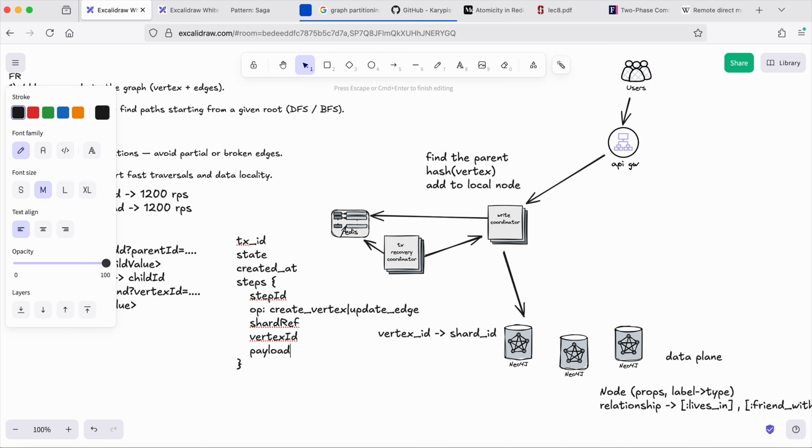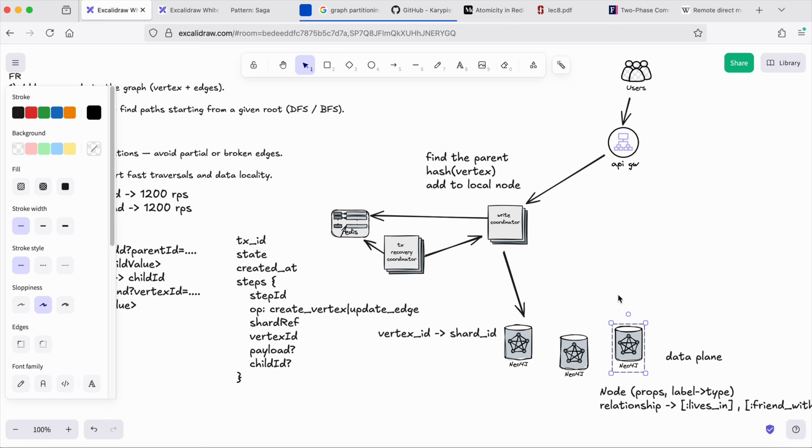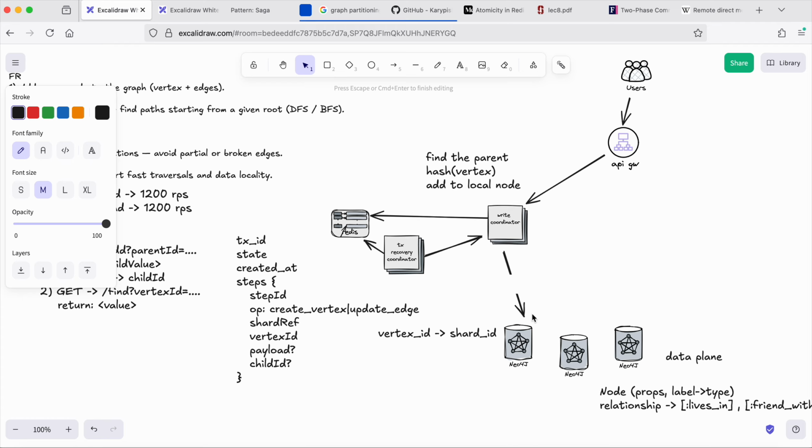It could be the value which could be not added, and the child ID, which we are adding. Child ID is also optional. So like that, we are going to store the data to the Neo4j as a backend using the Saga.